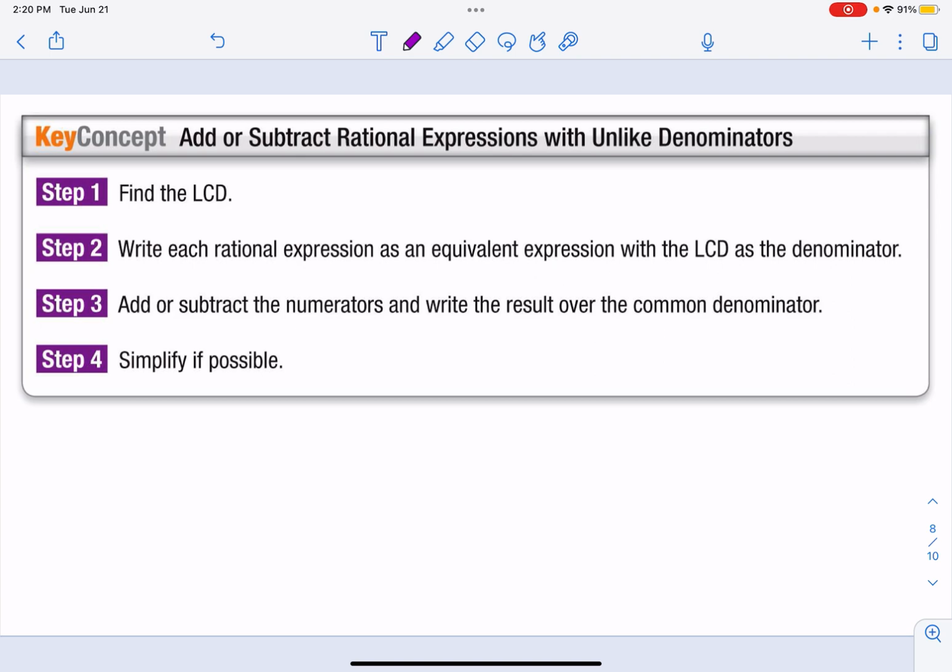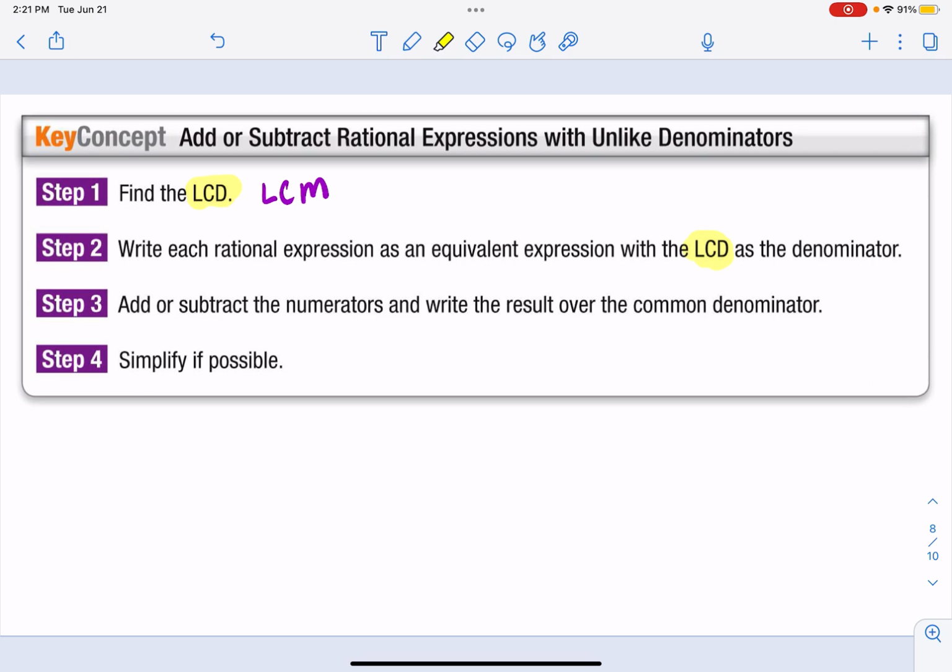Okay. So adding or subtracting rational expressions with unlike denominators. You want to make sure you have these in your notes. So first, we find the least common denominator, or, said another way, my least common multiple. Write each rational expression as an equivalent expression with the LCD in the denominator.